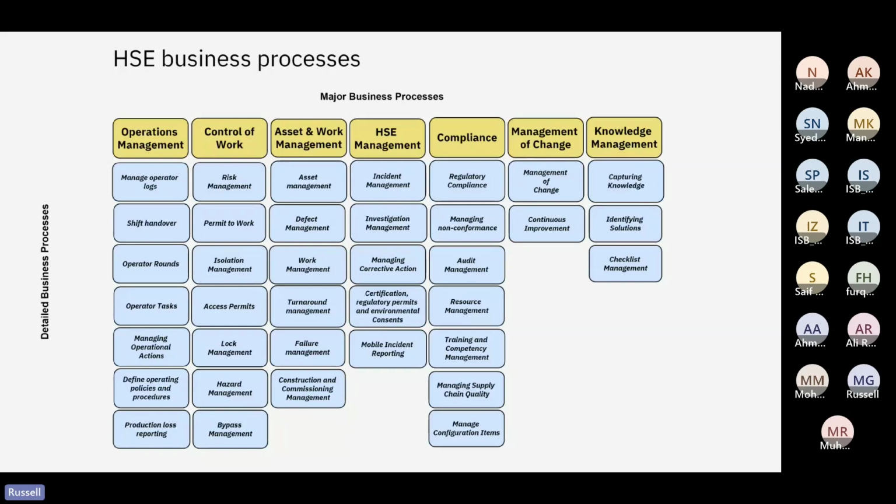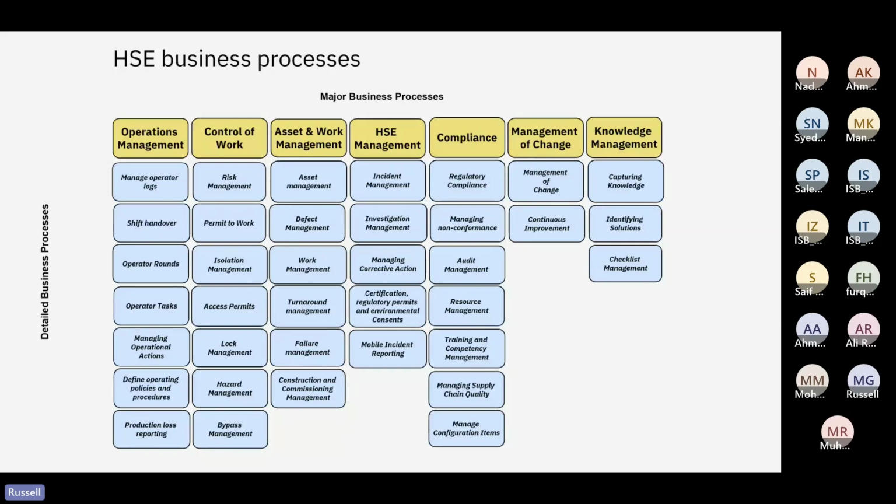So the regulatory compliance application, managing non-conformances, audit management, any type of audit can be supported, and the findings that you associated with an audit can be identified and linked into corrective action. Resource management, and then training and competency management.